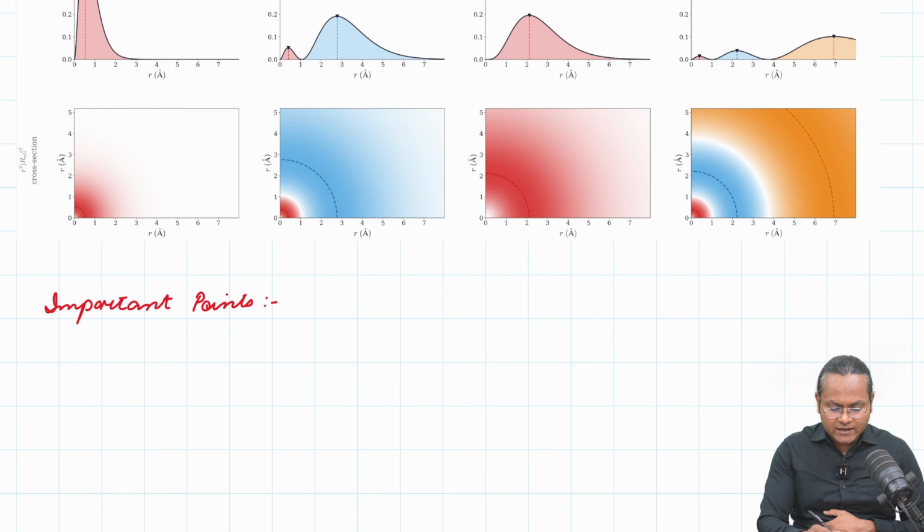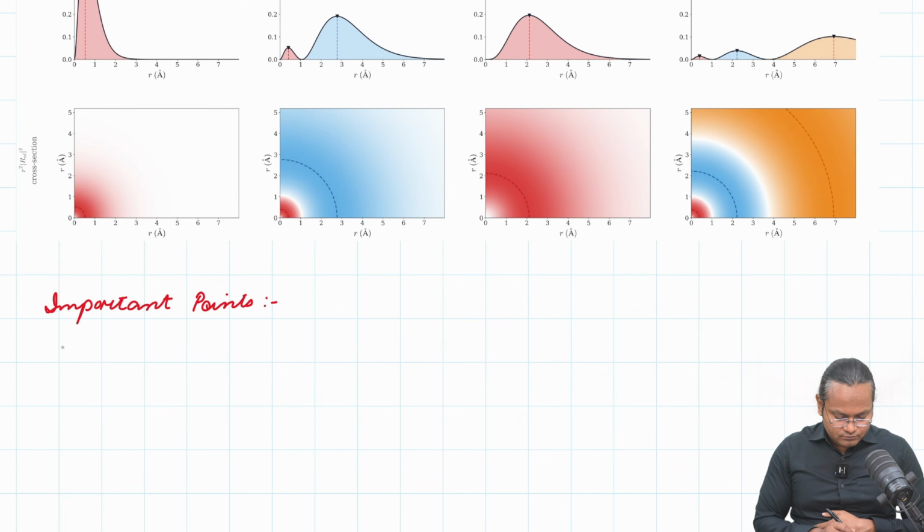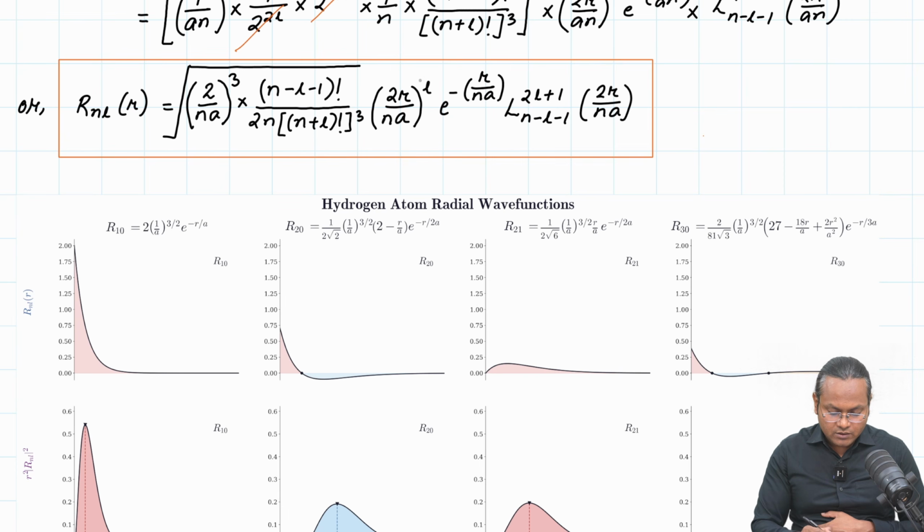If you look at our expression, then as r tends to 0, this particular expression r to the power L is going to dominate, right?